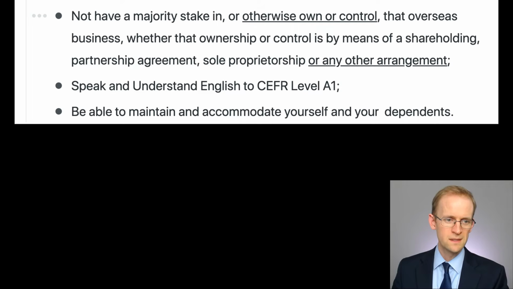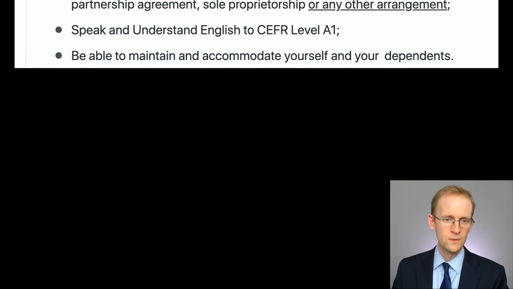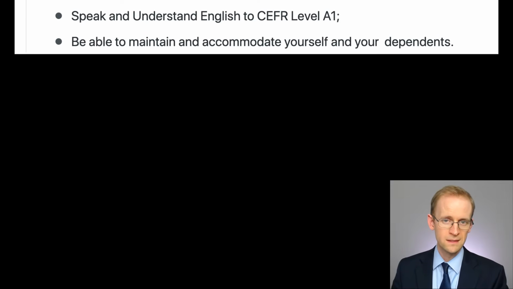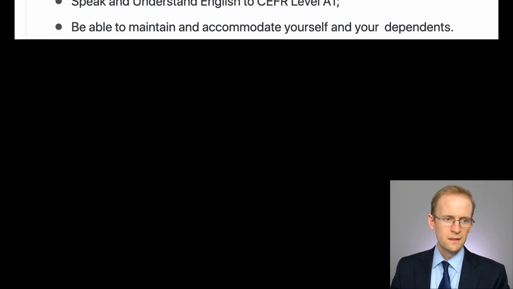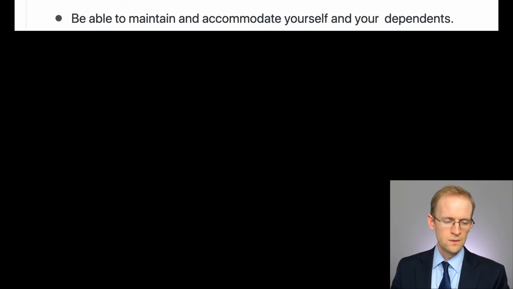You've got to speak and understand English level A1, which is very basic, and I would say that continues to be an advantage of this visa route, that for some, the level of English required is very low. That's in speaking and understanding. And then you must be able to accommodate yourself and your dependents.